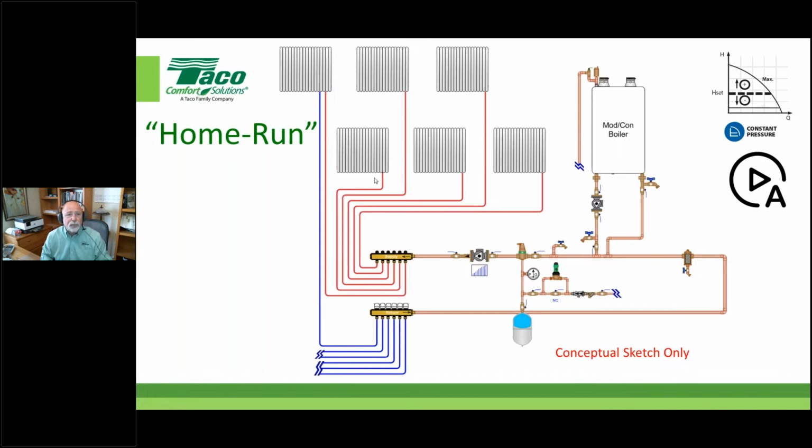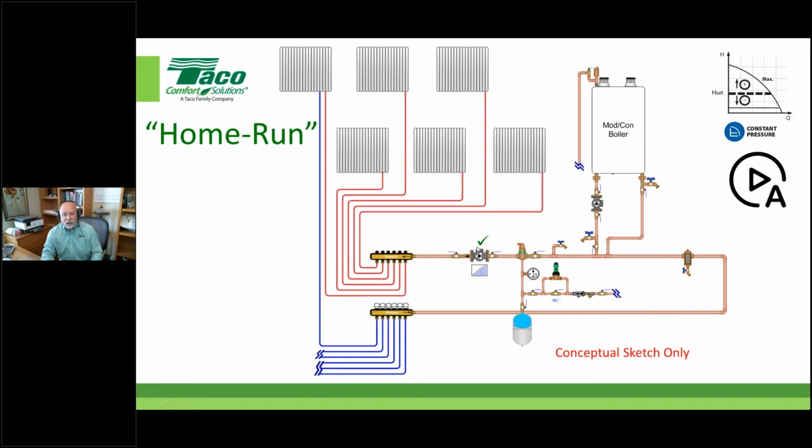So I put it on there just because a lot of people understand what we mean by home run applications. So notice the zoning is taken care of with the actuators down here on the manifold, but each of these panel radiators have a supply and a return that come all the way back home, right? And all this piping is right there in a mechanical room. So this would again be called a home run application.